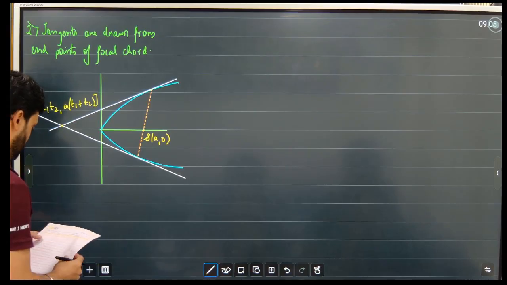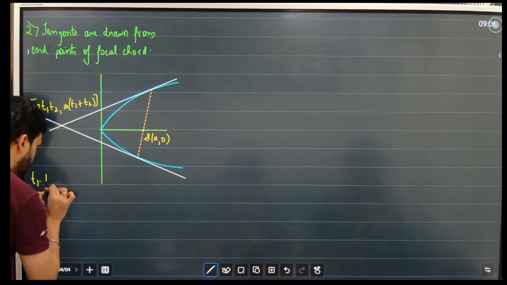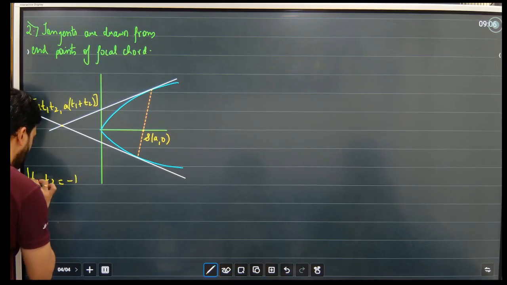Now we know the formula that t1 into t2 is equal to minus 1.